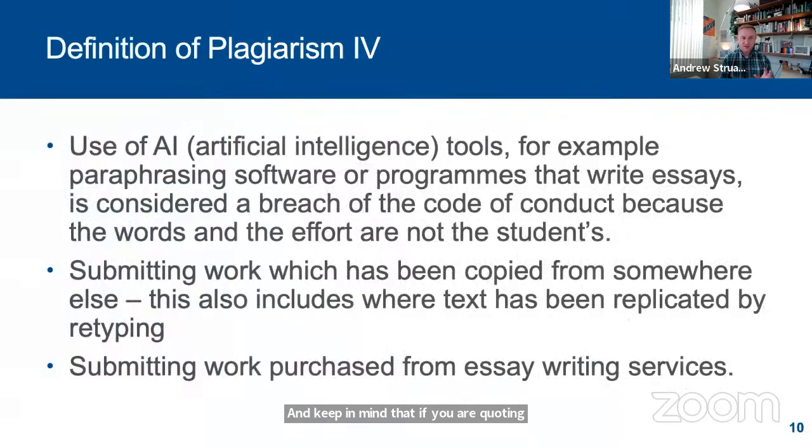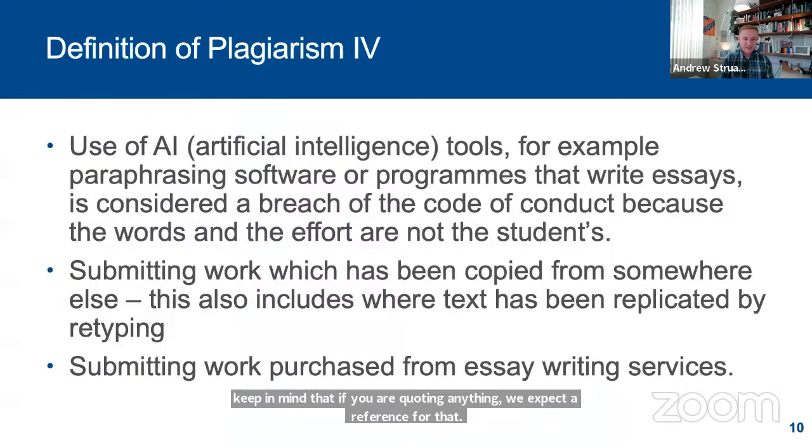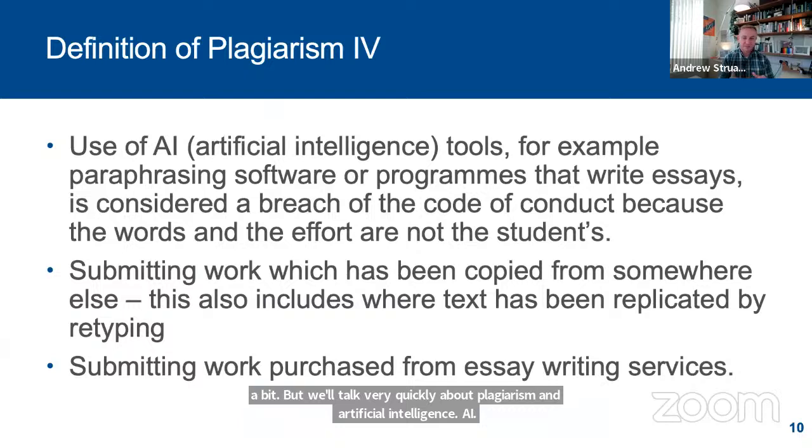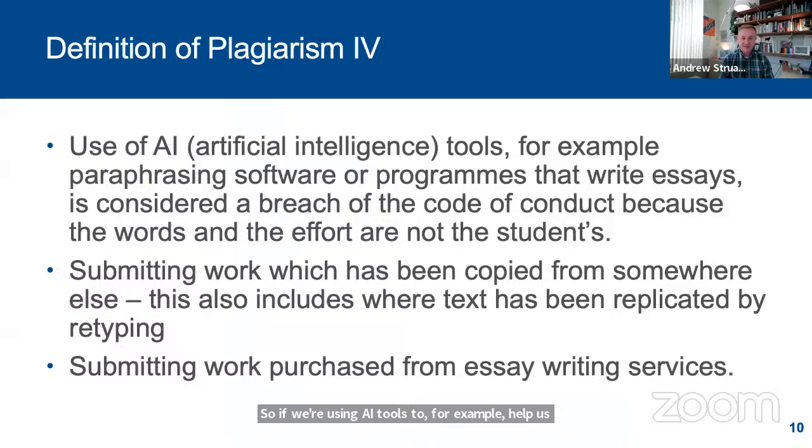Okay. Scott will come back and talk more about this in a bit, but we'll talk very quickly about plagiarism and artificial intelligence, AI. So if we're using AI tools to, for example, help us paraphrase, then that can be considered a breach of the code of conduct. It can be considered plagiarism because the words are no longer yours.